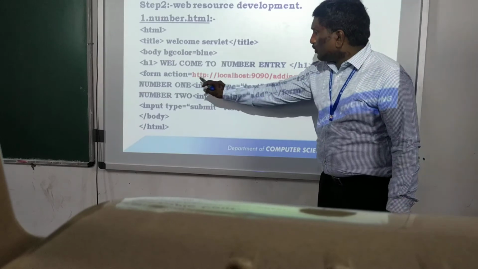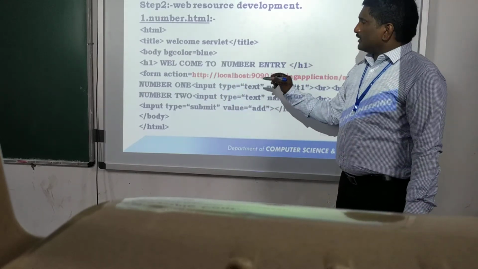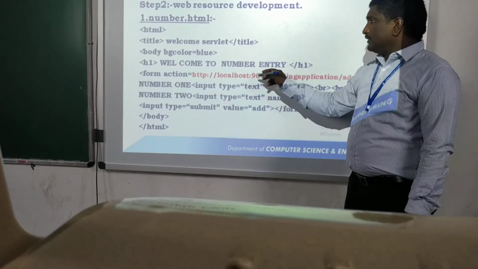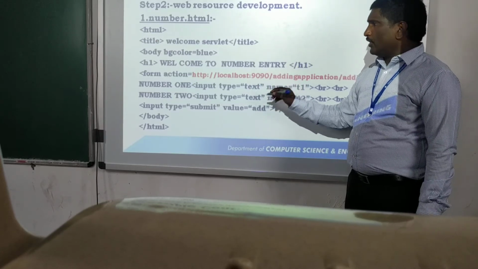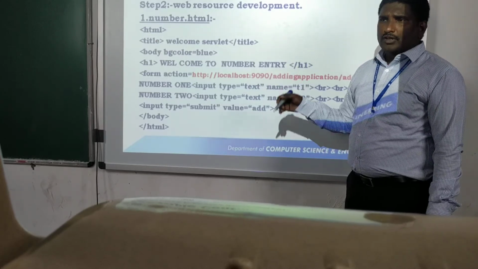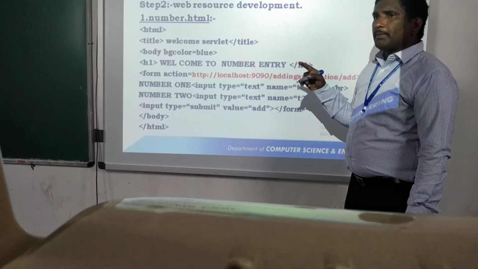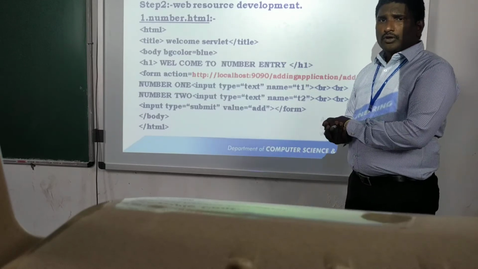The action we have written here, we should remember, is http://localhost. Because I am using localhost, I have written localhost and :9090. This is the port number. Because I used the Apache Tomcat server, and I configured the port number as 9090. By default the Apache Tomcat server port is 8080.